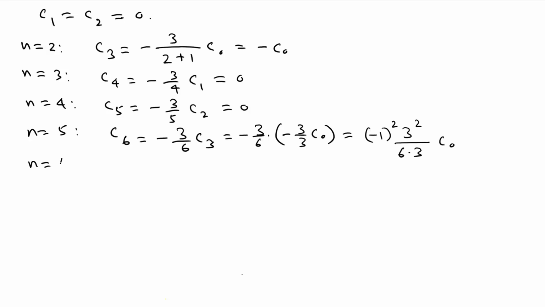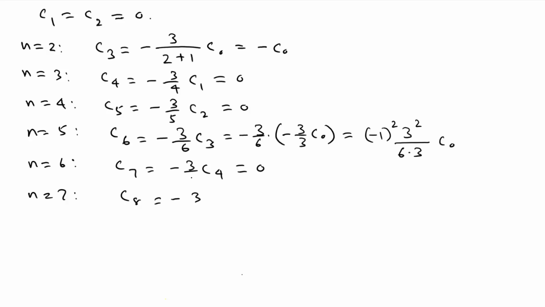So n equals 6, you get c7. So c7 is negative 3/4 c4, but we know that this is equal to 0, so that's gone. And then n equals 7, you're going to get c8, which is negative 3, actually not 3/4, this is 3/7.